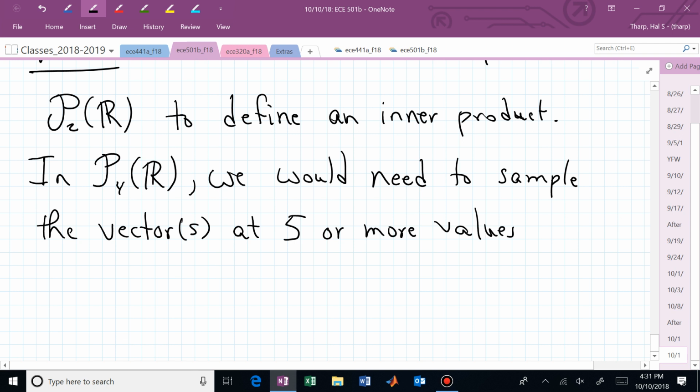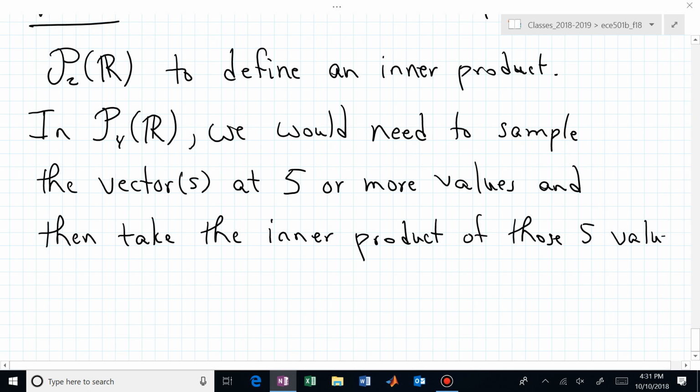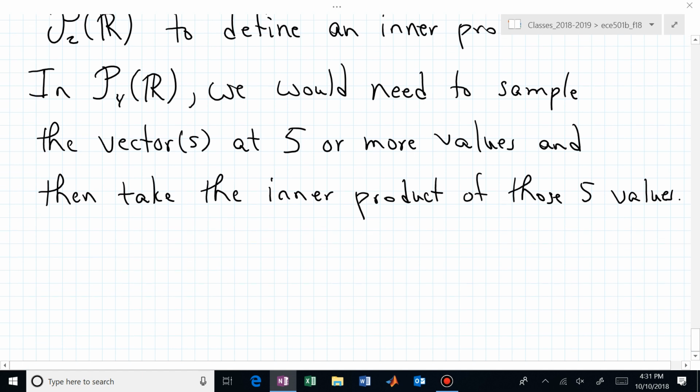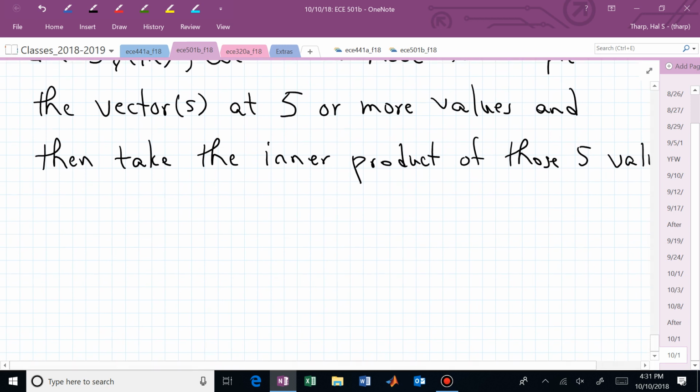So let's say at 5 or more values, and then take the inner product of those 5 values. And here's the reason that you already have suggested or identified.